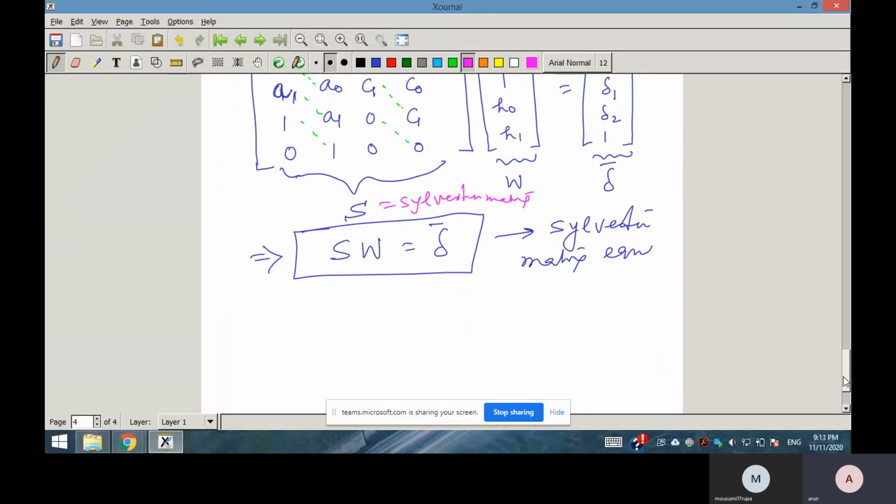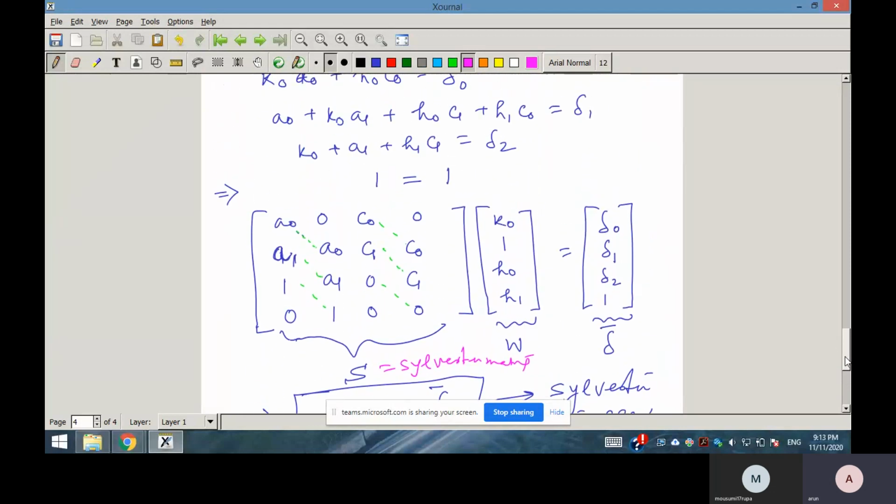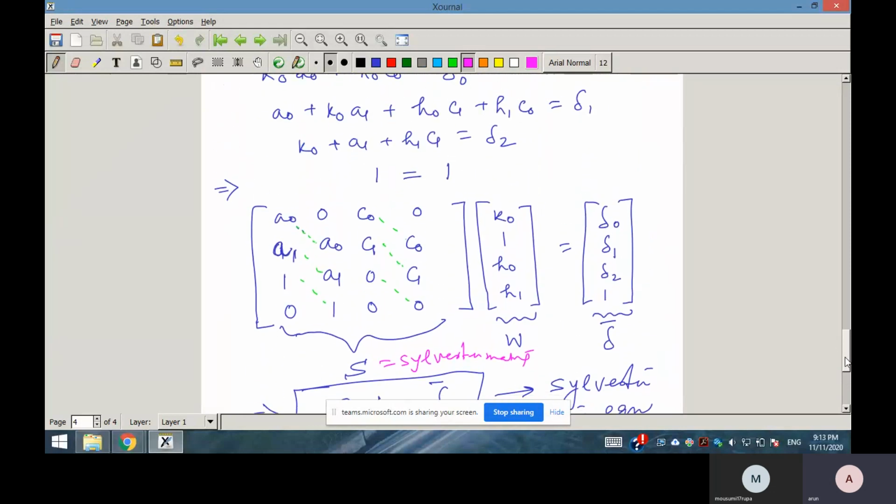The Sylvester matrix is invertible, or in advanced control theory also it is proved that this kind of Sylvester matrix equation is invertible if CS by AS is co-prime. So it can be proved.